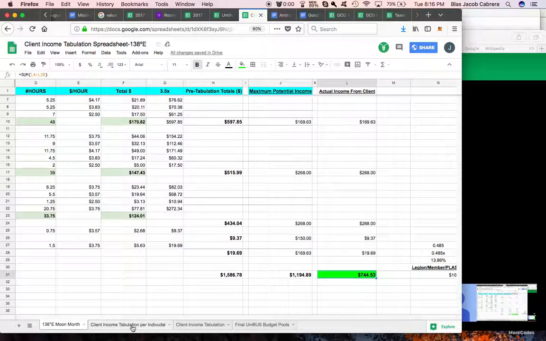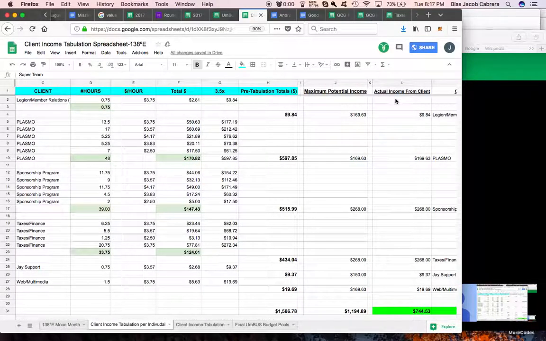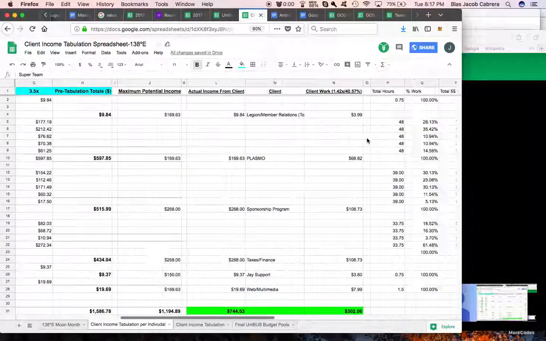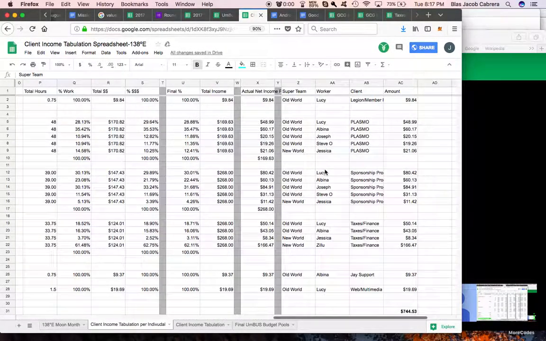Then we did client income tabulation per individual. So we organized by individual, and we got the pre-tabulation totals, and then organized it by actual, and then broke it down by percentage. So this is what needs to get done, and this is what hasn't gotten done yet.